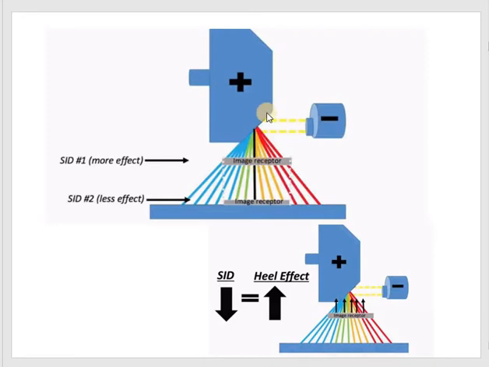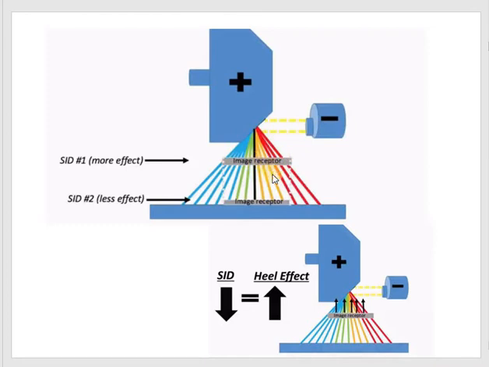And another way of doing it is by increasing the source to image distance. If you have an image receptor, be it a CR plate, a digital receptor, or a film screen, here the image receptor will have an overfield from this lower intensity up to much higher intensity. It receives X-ray beam at varied intensity.